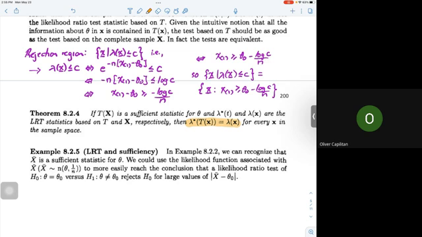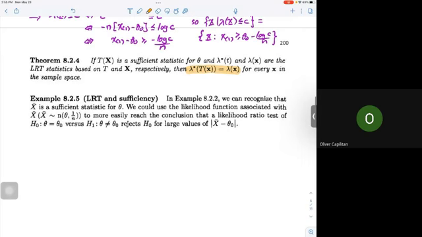Okay, so we're going to have another example here in which we're going to use the sufficient statistic. Another technique ito, LRT and sufficiency. So in example 8.22, we can recognize that the sample mean is a sufficient statistic for theta.